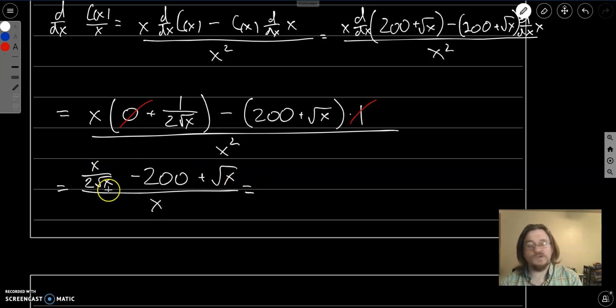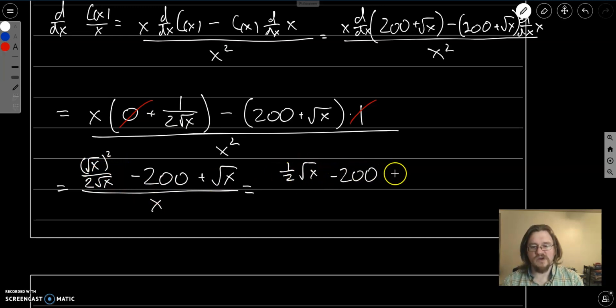But x over the square root of x, if I rewrite this, x is just the square root of x squared. It's one way of writing x down. And then I can cancel the square root of x off the top and the bottom. So this is just going to be 1/2 times the square root of x, minus 200 plus the square root of x, all over x squared.